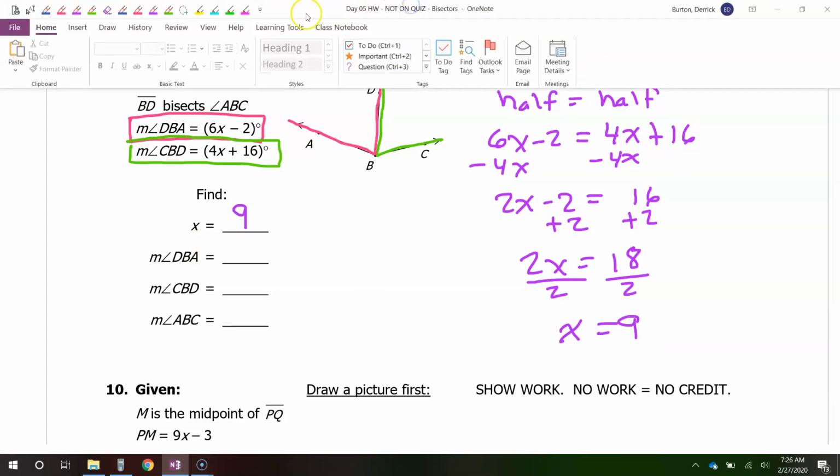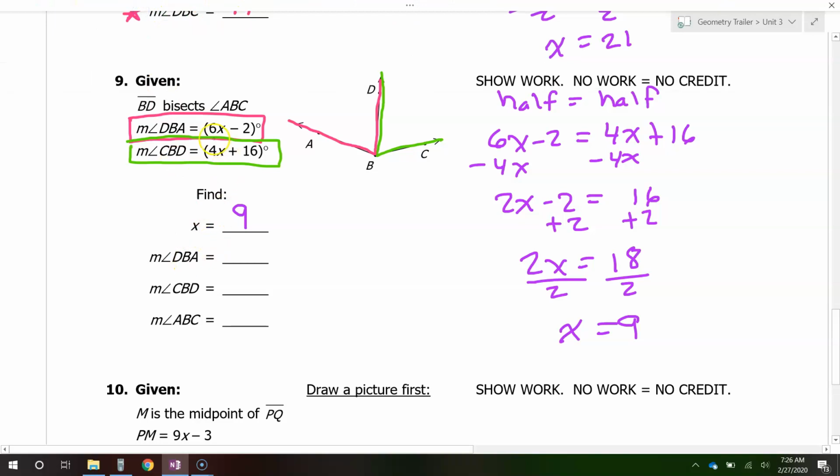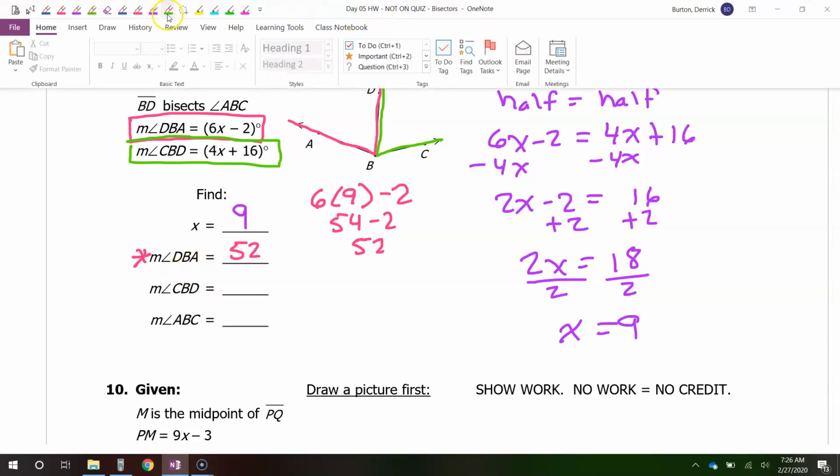Now we need to find angle DBA, which is here in red. That's 6x minus 2, so that's 6 times 9 minus 2. 6 times 9 is 54, so this is going to be 54 minus 2, which is 52. So DBA is going to be 52. And then it's time for CBD.